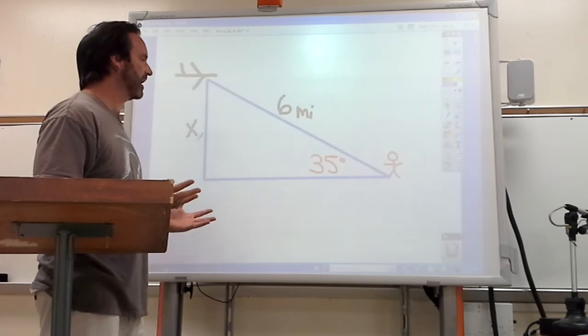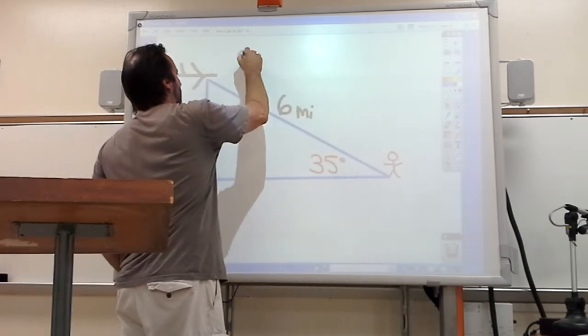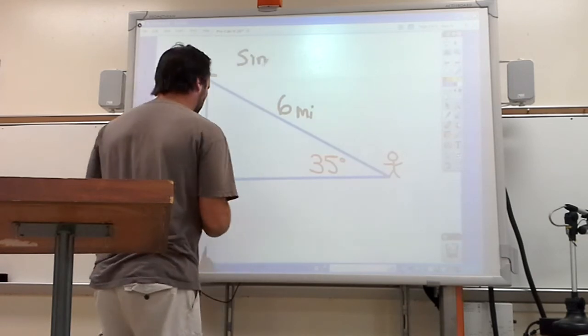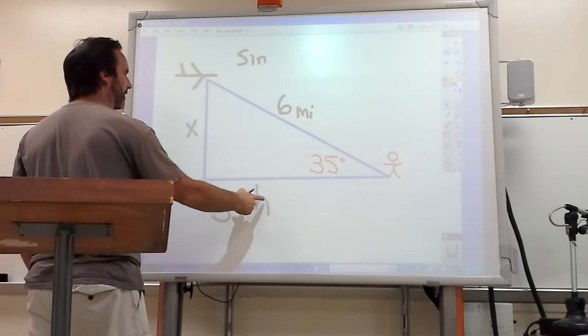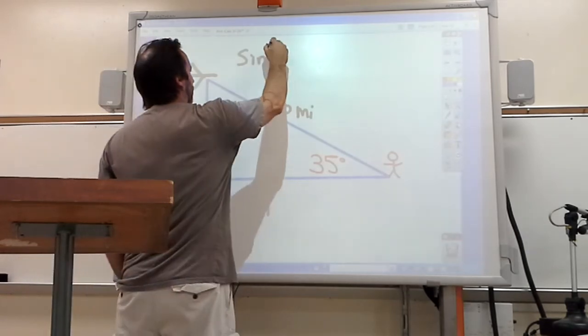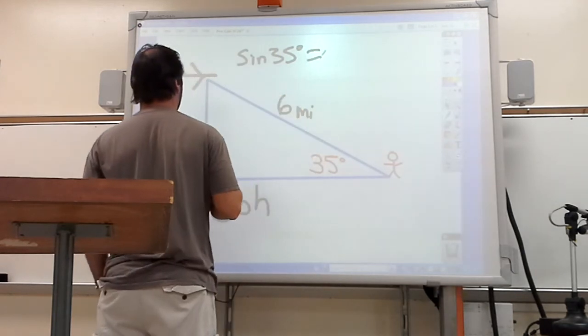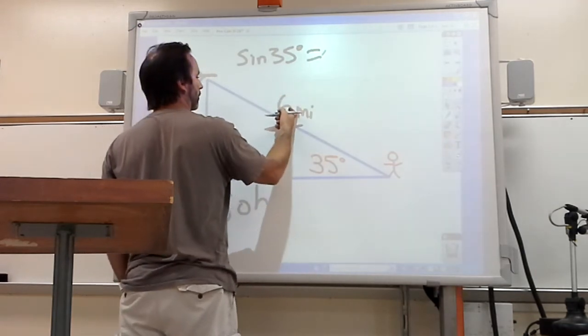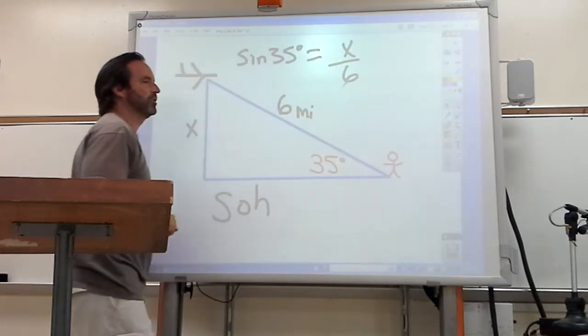Sine. Sine is the only thing I use. This is opposite, and that's my hypotenuse. So that's sine. Remember, that's the SO. Sine is opposite over hypotenuse. Sine of 35 degrees is going to equal opposite over hypotenuse, x over 6. This is easier math here.